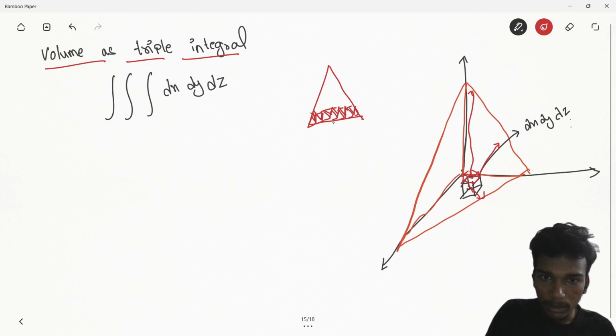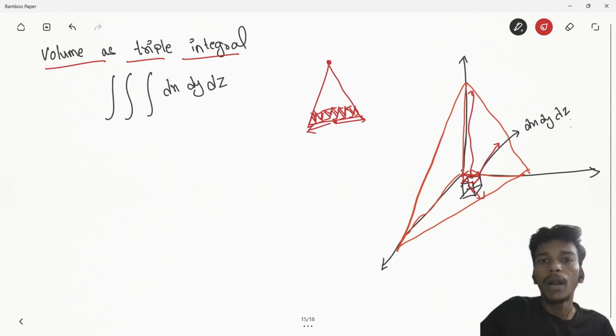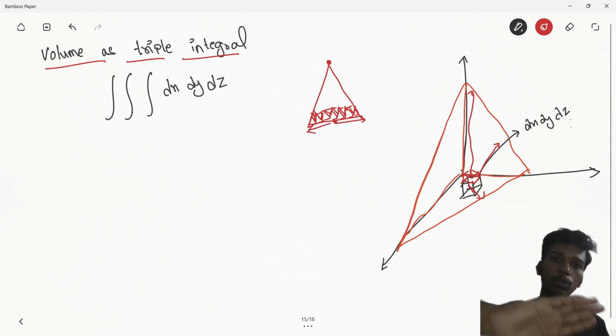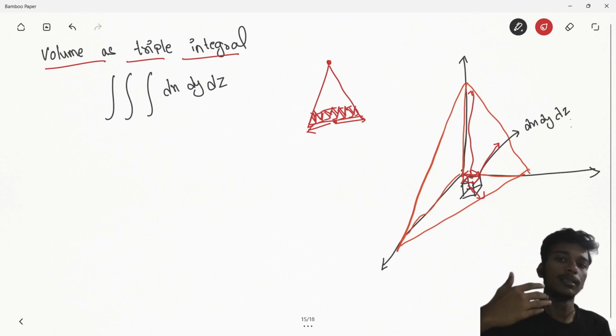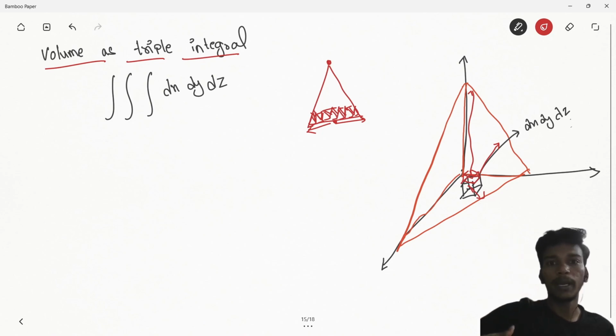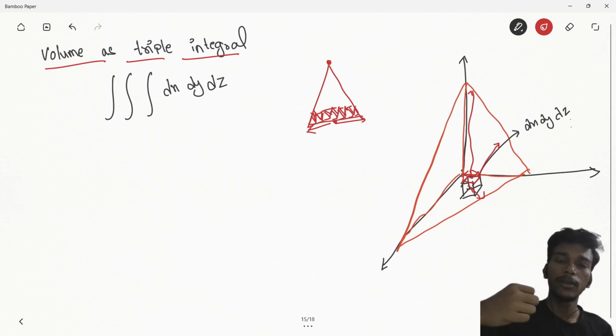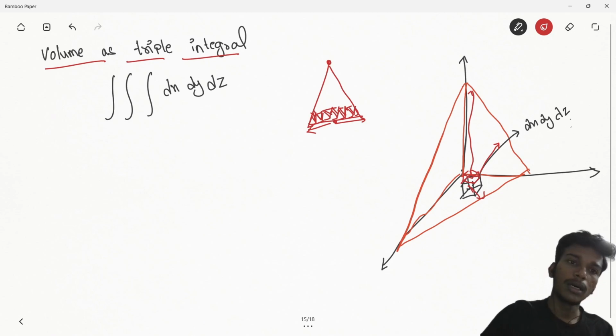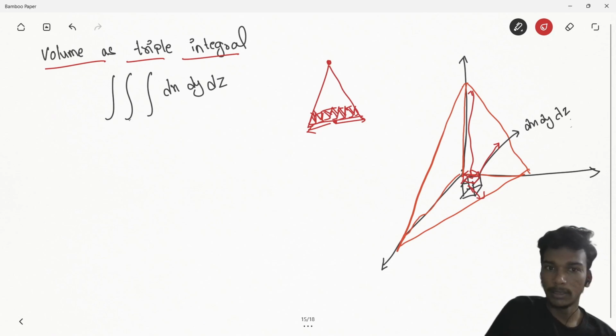From here to here, and from here to here. And we have from your screen to your face. This is the z-axis. If you pile up all the regions between these limits, we are going to get the volume of this region. That's the principle used for finding the volume of a particular shape by using a triple integral.